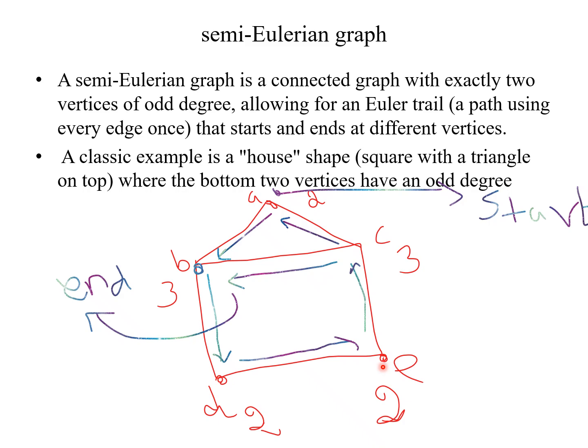As per the theorem, two vertices have odd degree. The other vertices have even degree. So we can travel A to B, B to C, B to D, D to E, E to C, and C to B.